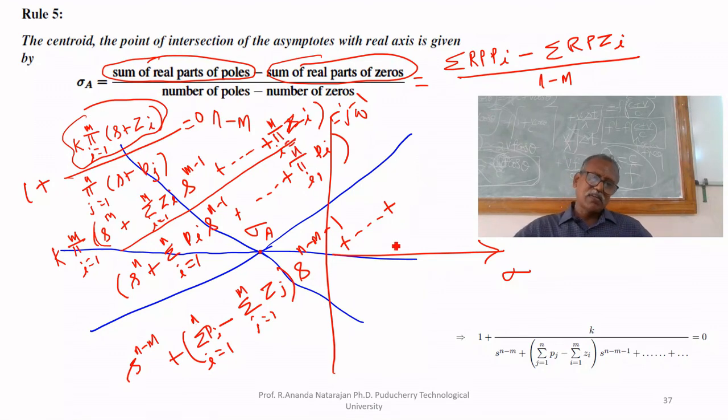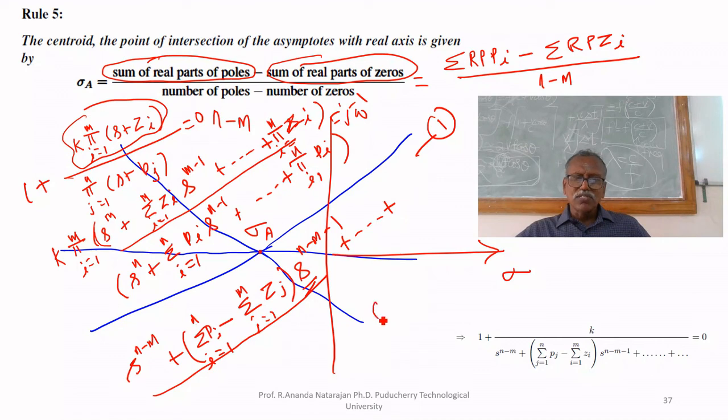For large values of s, we can approximate the denominator to only the first two terms. Let it be.